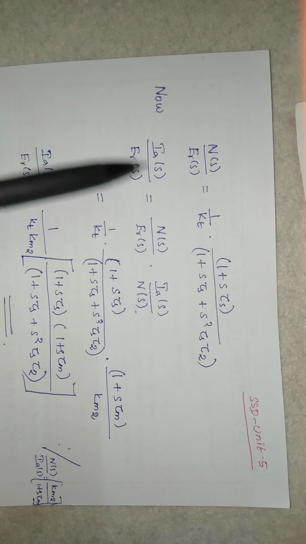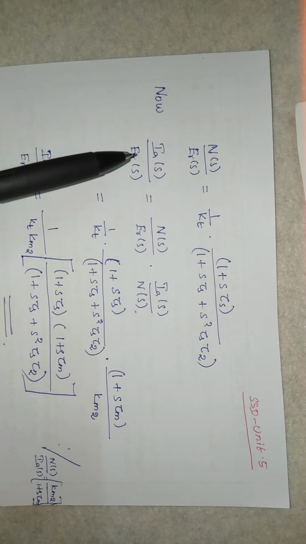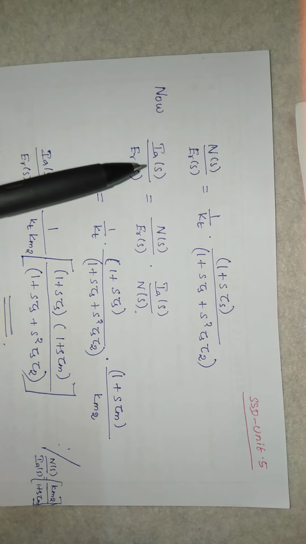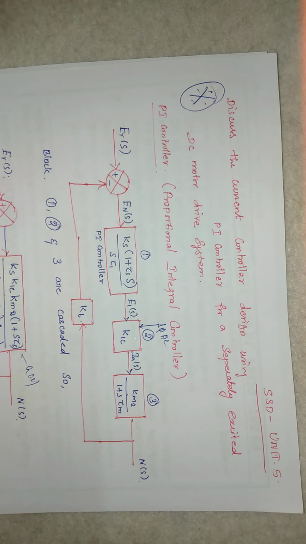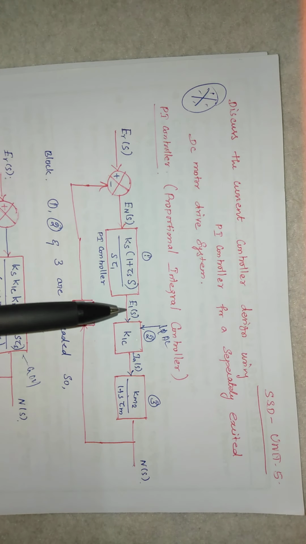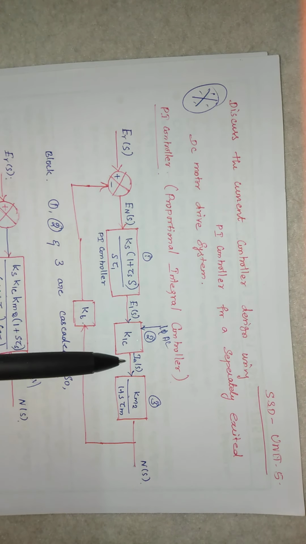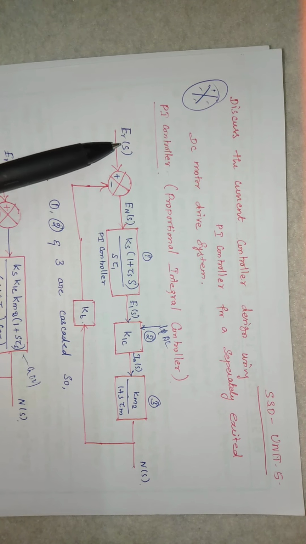Please understand this next equation, that is Ia of s divided by Er of s, where in our block diagram we could identify these terms: Ia of s here, Er of s here.